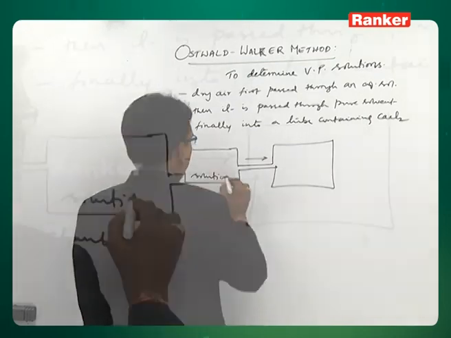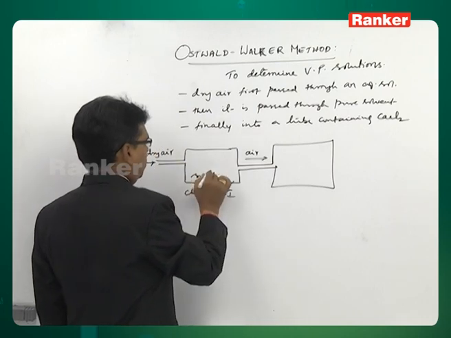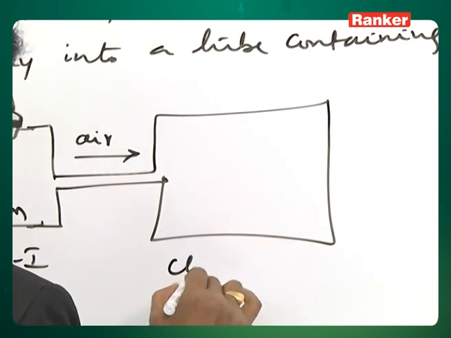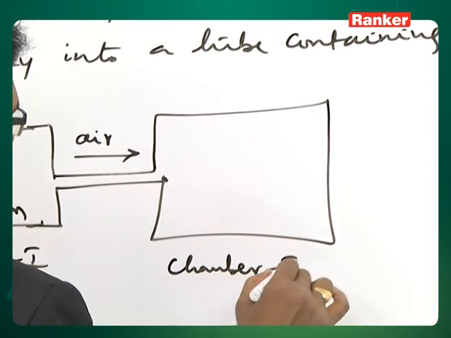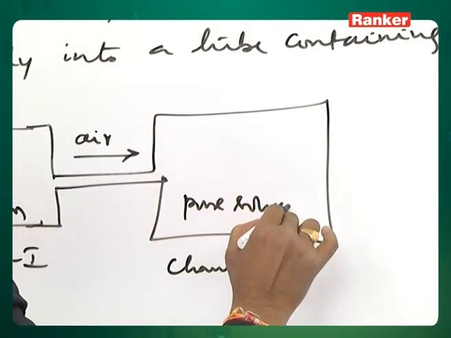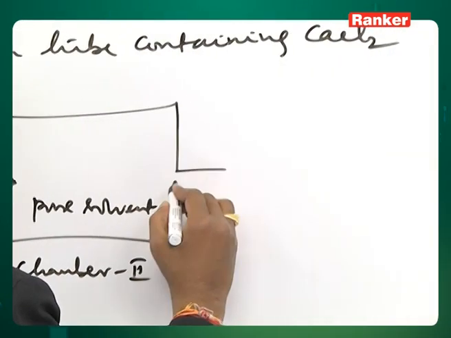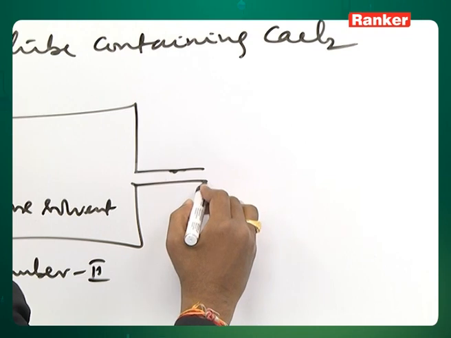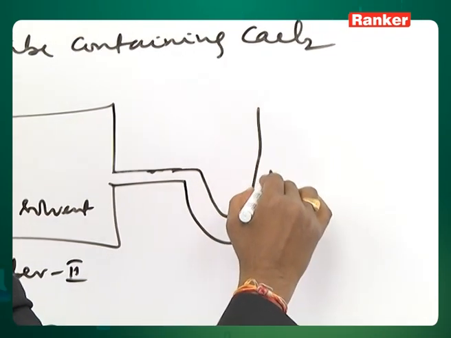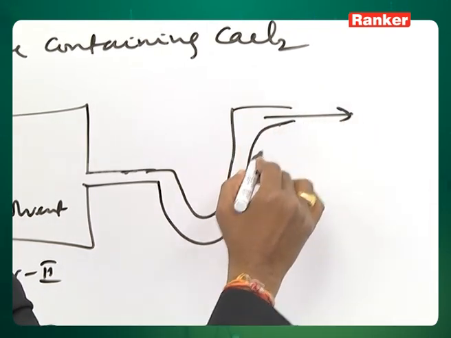After the dry air is passed into the solution, the same air is then passed through another chamber containing pure solvent. From here it is passed into a tube containing calcium chloride.